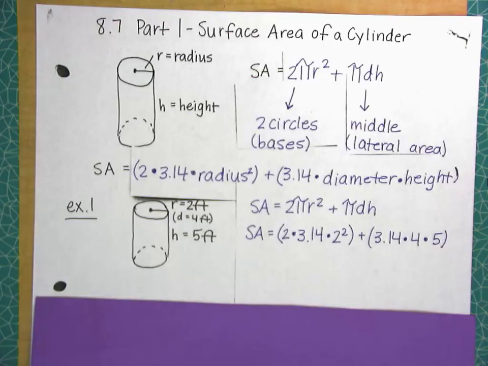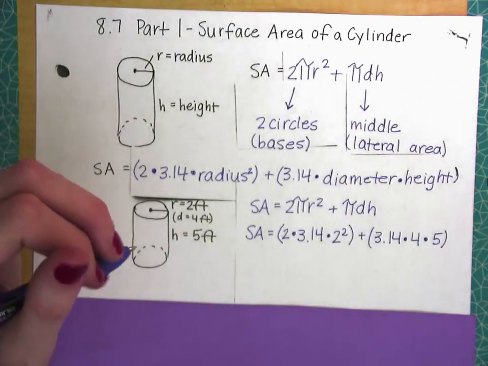So if that was on a test, I would only take off a point or two for that, because she did it right. She multiplied what she had correctly. She just plugged in the wrong numbers. If you don't show me your work, though, and you just give me an answer, I can't help you in that way. So you have to make sure you're showing your work if you want any kind of partial credit, okay? So I know this is a lot of steps, but I promise you it pays off, okay?